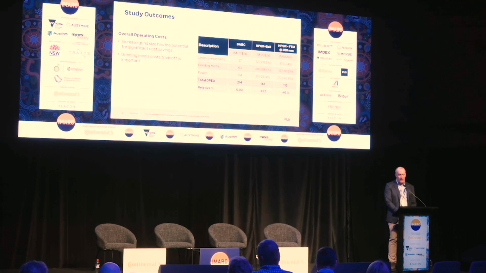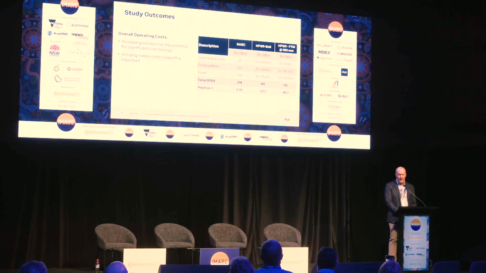We also then had a look at the overall operating cost, where we looked at not only the wears and spares cost on a yearly basis for the three options. Obviously, there's a bit of a trade-off when we're doing a SAG mill versus your conventional milling and even the FTM, where grinding media on a SAG mill is going to be your primary operating cost.